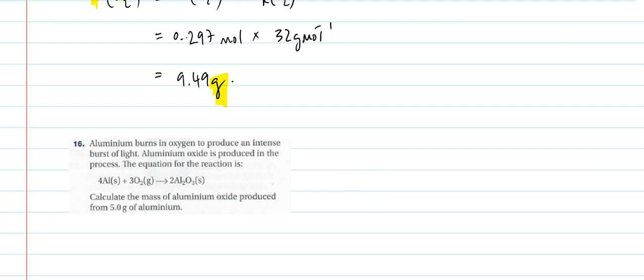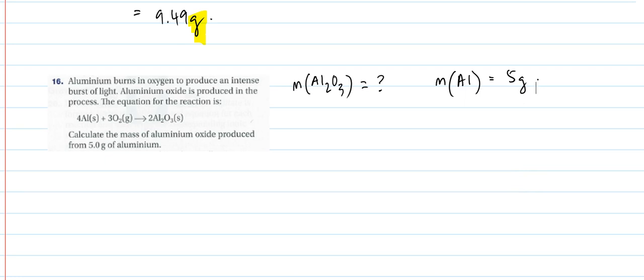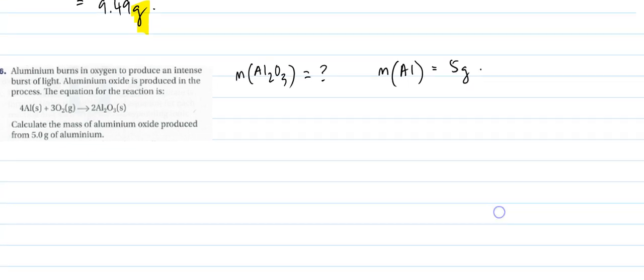All right, so we want to find the mass of aluminium oxide produced, okay? We know that 5 grams of aluminium was used. So, standard procedure, convert stuff to moles. Convert what we have to moles. Number of moles of aluminium is mass of aluminium over molar mass of aluminium.